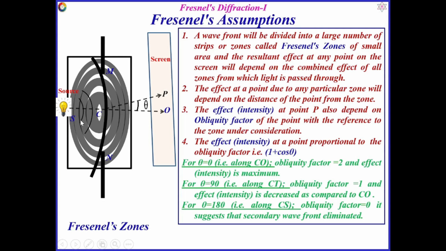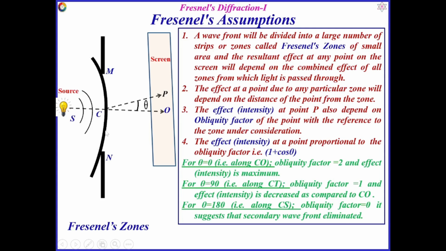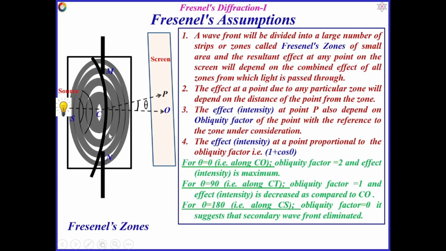That means a wavefront will be divided into a large number of strips or zones. How it will be constructed, that we are going to discuss in our next slide. First we have to discuss the assumptions.